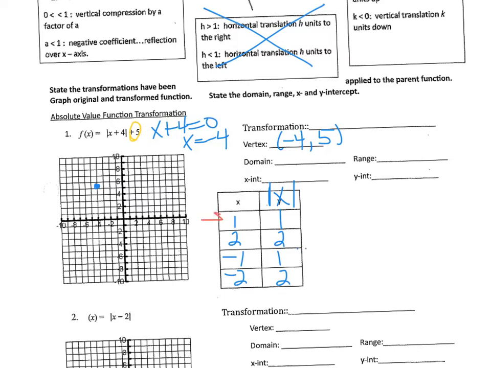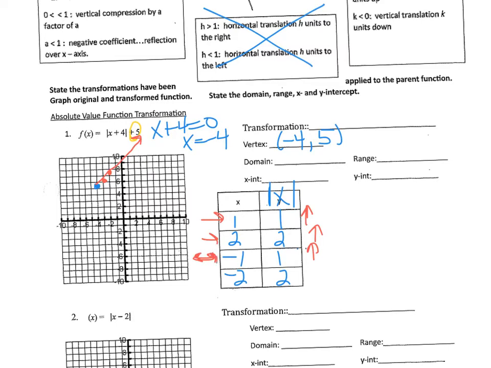We're going to go right 1 and up 1 from the vertex. So if you go over to the vertex, we go right 1 and up 1. That's going to be that point right there. Then we go right 2 and up 2, starting at the vertex, the blue dot. I could continue and go 3, 3, and 4, 4 if I wanted to, but that would be the right side of my V. Then we go left 1 and up 1, and I should say left, not right.